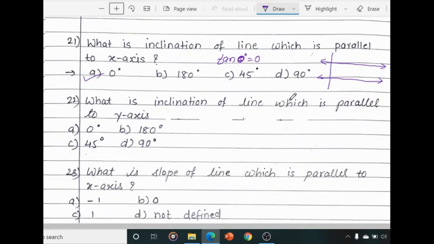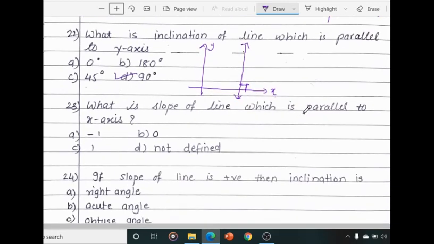What is the inclination of a line which is parallel to the y-axis? Now see, this is the y-axis and this is the x-axis, and this is the line parallel to the y-axis. This line makes an angle of 90 degrees with the x-axis, so the inclination is 90 degrees.